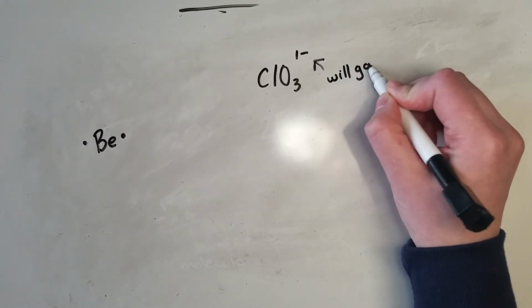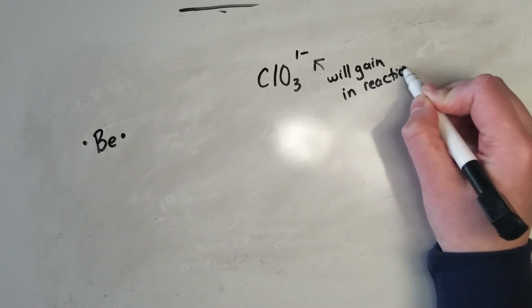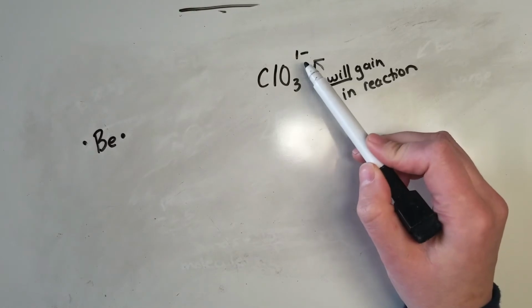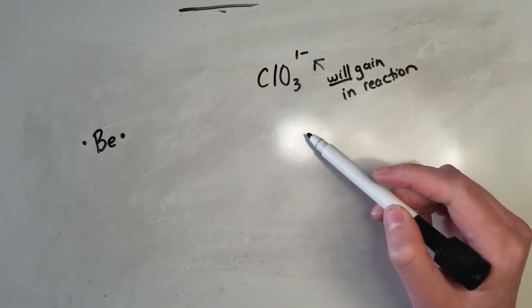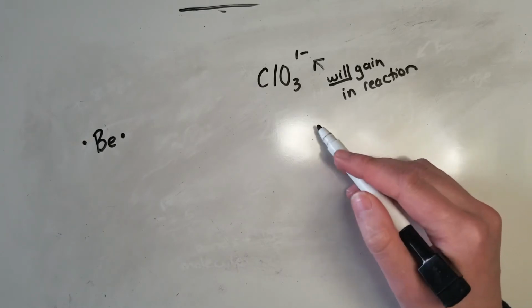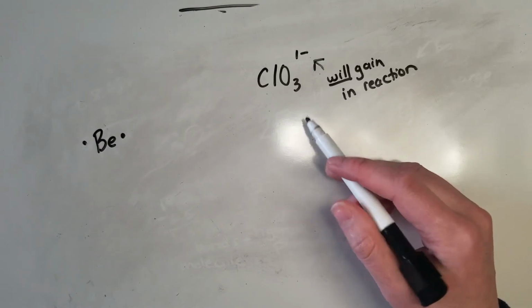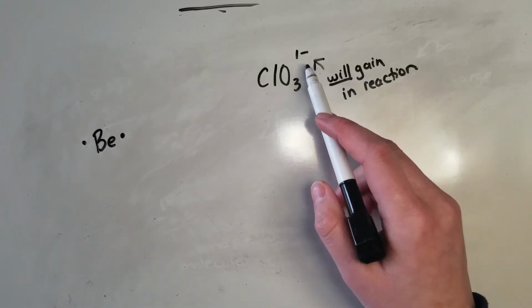It will gain it in the reaction. Emphasis on will, meaning that that electron, before it reacts, has not actually been gained yet. So as I'm drawing out chlorate, I've got to make sure that I only draw the electrons in the chlorine and the oxygen and not that extra electron.